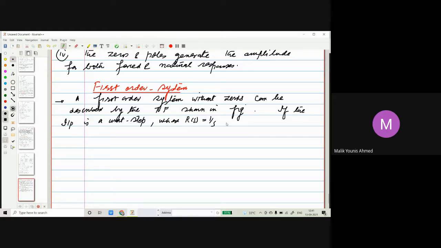The Laplace transform of the step response is C of S, that we can write here.